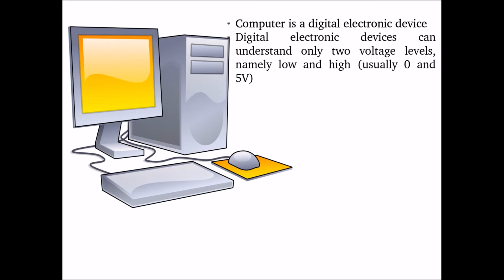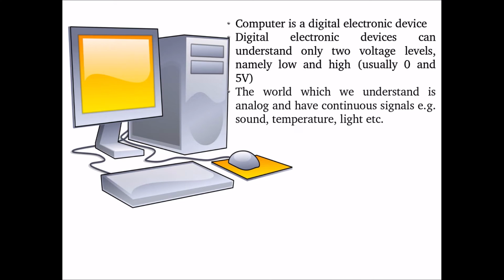So it's like transforming from one language to another language. The languages which we know are usually English, Hindi, or our respective languages, and the language which the computer understands is just the language of zeros and ones.